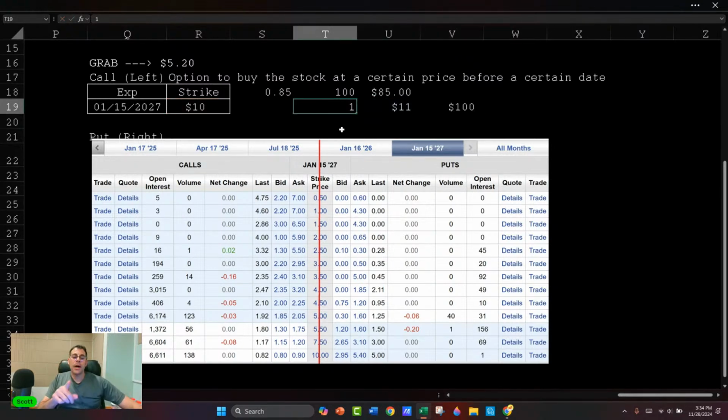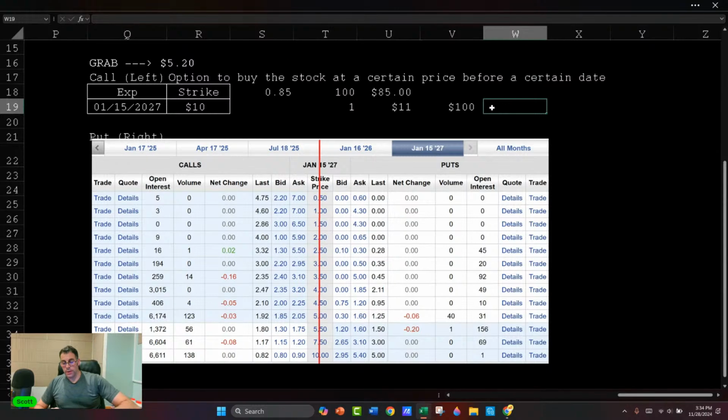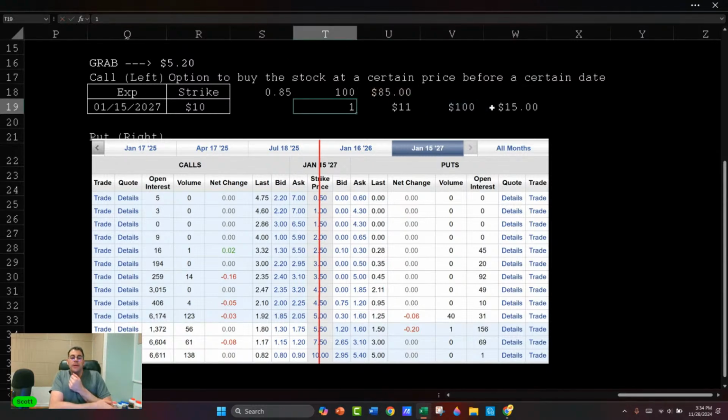So if you bought one option contract and the price did hit $11, you can sell the option and get $100. But you already paid 85, so you would make a $15 profit on this trade. But if you bought 10 contracts, you can make $915 on the trade.